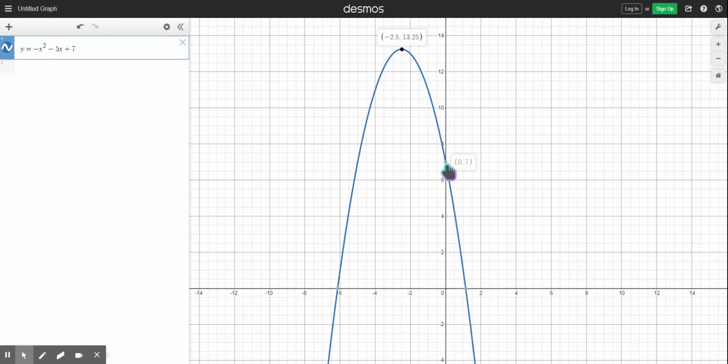Check our y-intercept, 0, 7, that's what we got. Notice that we have negative 5, 7 as well. It's going to help us graph. And then now we're looking for 1.14, comma 0 and negative 6.14, comma 0. So those are our two zeros where it crosses the x-axis.